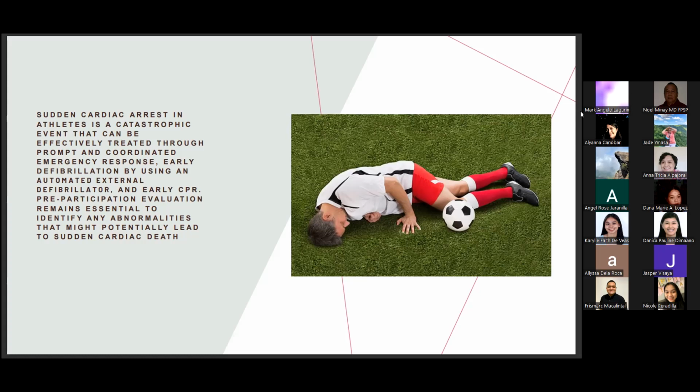Sudden cardiac death in athletes is a catastrophic event that can be effectively treated through prompt and coordinated emergency response, early defibrillation by using an automated external defibrillator, and early CPR. Pre-participation evaluation remains essential to identify any abnormalities that might potentially lead to sudden cardiac death.